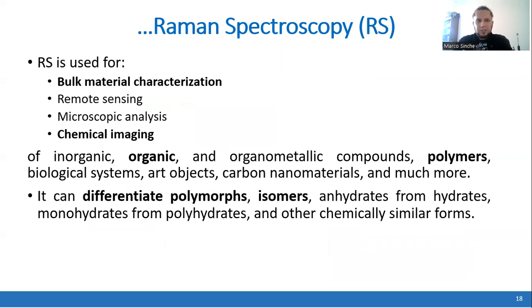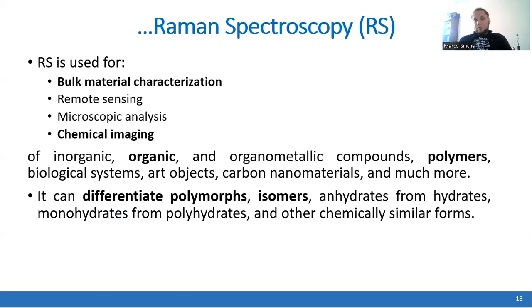Regarding the applications, Raman spectroscopy is used for the characterization of bulk materials, for remote sensing, microscopic analysis, mainly for chemical imaging. This means that different types of materials, including organics and polymers, could be characterized through these techniques.